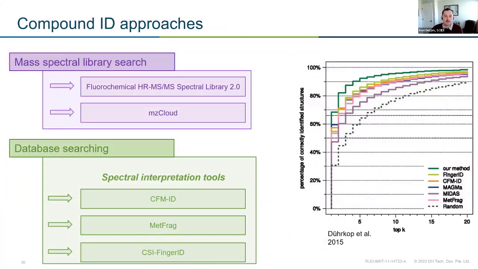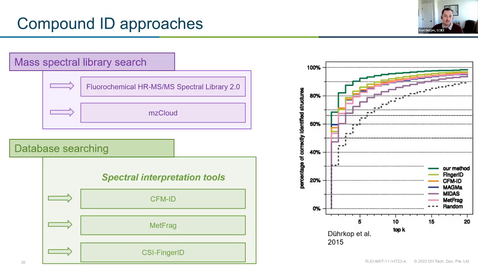So again, for library searching, we rely on that spectral data, but here we're going to have to do some spectral interpretation. And we're going to rely on some tools to really help us along. So there are a few different tools that you can access. These are all the ones listed here: CFM-ID, MetFrag, CSI:FingerID are all open source third-party tools that I encourage you to check out. They're all free.